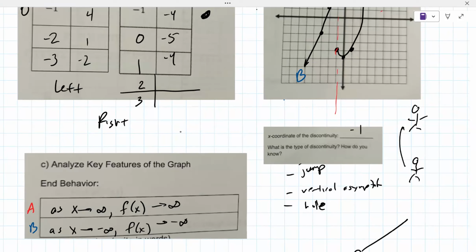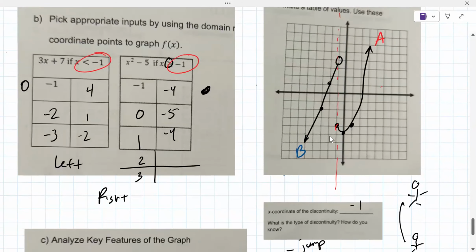So then I guess middle behavior, that's where it approaches in the middle here.